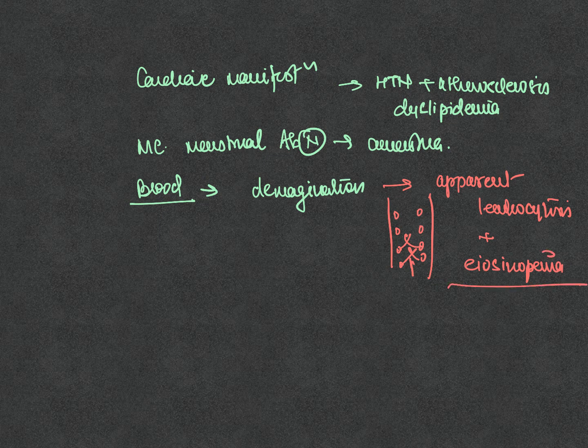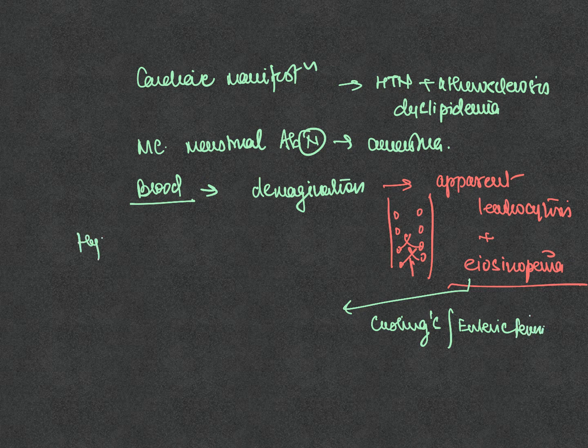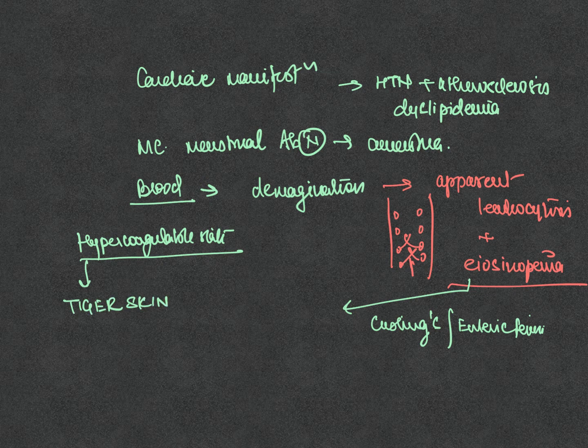So another condition that causes eosinopenia other than Cushing's is enteric fever. It is a hypercoagulable state. Skin over the legs can get depigmented and pigmented in certain areas, causing a feature of tiger skin. Okay. So these are the things that we need to take care of.